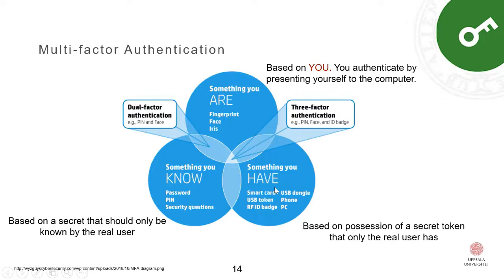For example, we ask for a PIN code and a credit card. If we fall here, we are using all these 3 categories together. For example, we ask for a PIN code and we ask the user to show their face, and we also ask them to provide their ID badge.